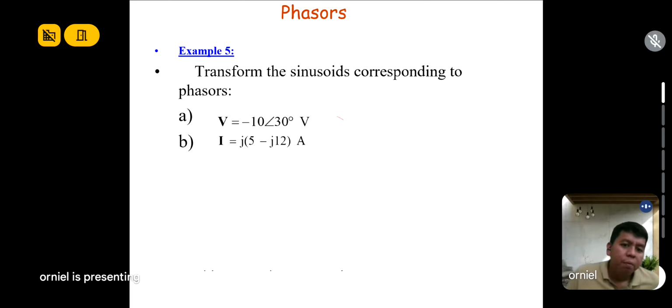Basically, a phasor should be a cosine function, so it is expected to be a cosine function.